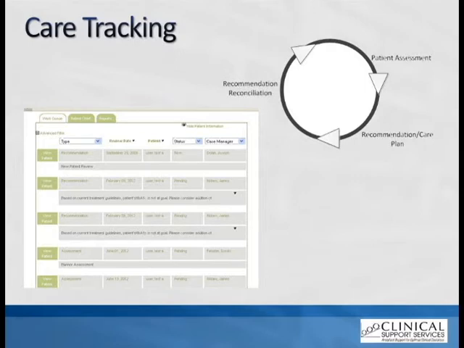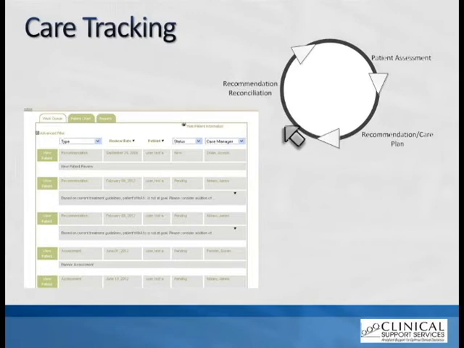The other distinguishing feature of the Pathfinder system is the idea of care tracking. So we think that care management has three basic components to it. There's a patient assessment, where you bring together the essential elements of the patient's information to create a patient profile. And then you take that profile and you resolve it into a series of recommendations or a care plan.